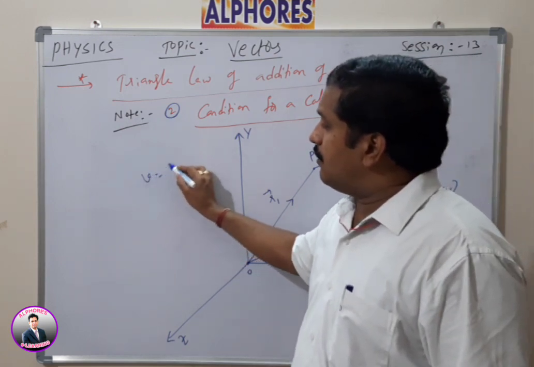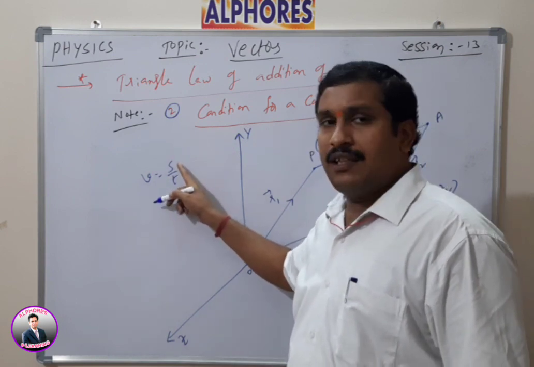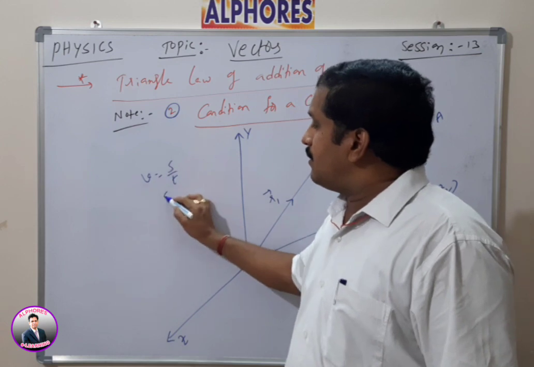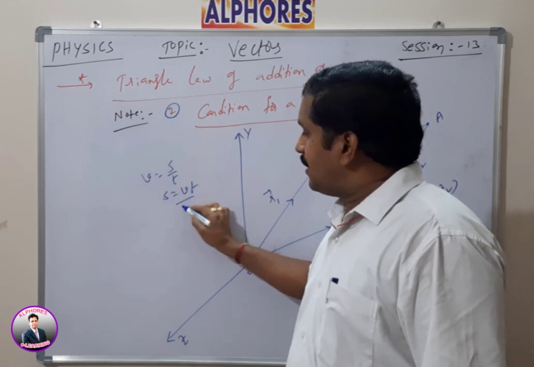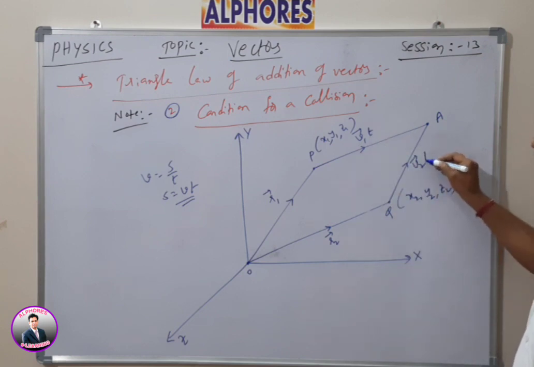Speed or velocity is equal to distance or displacement divided by time. In a straight line motion, distance and displacement are equal, so distance is velocity into time. The distance traveled by the first particle in time t is v1 into t, and by the second is v2 into t.